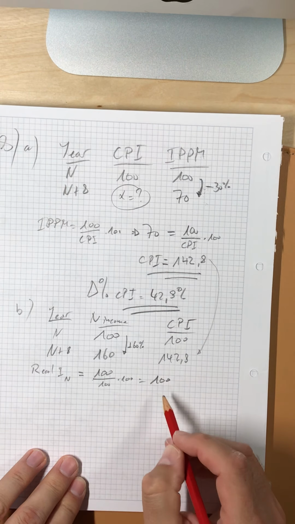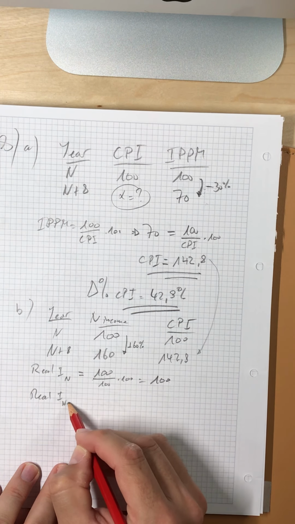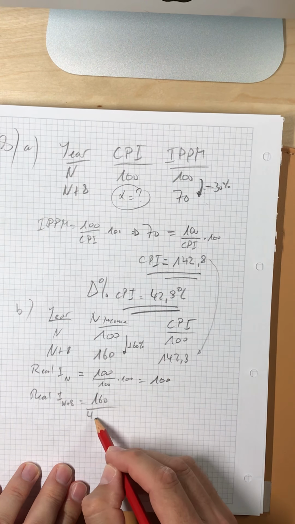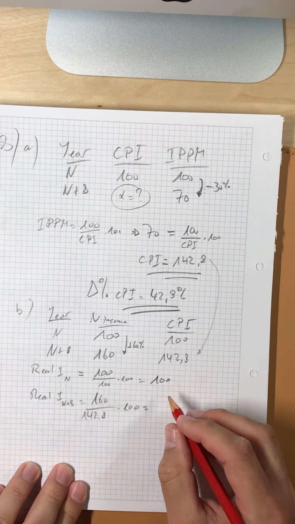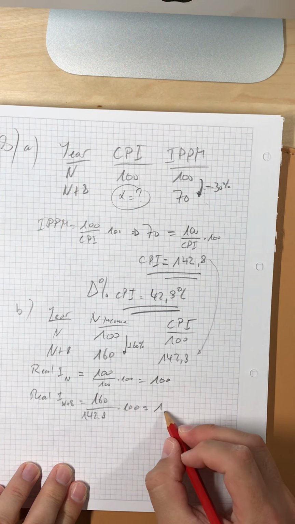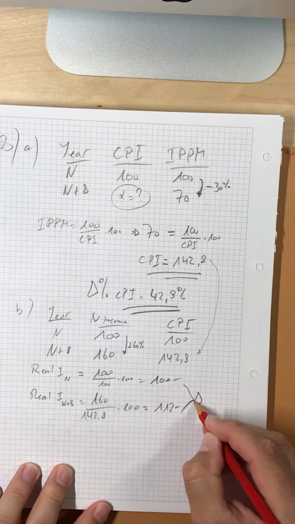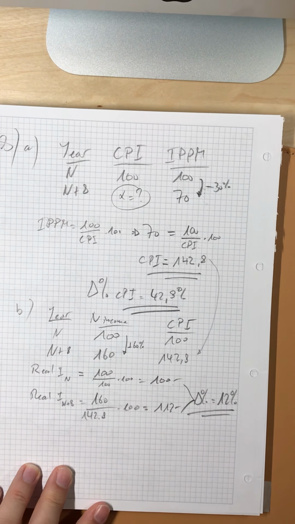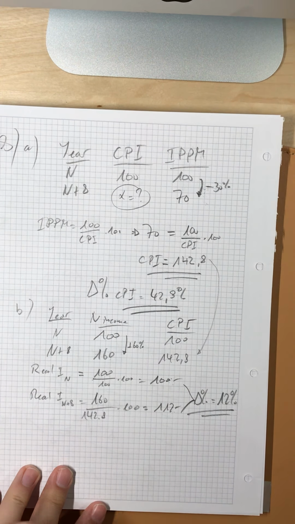So no surprise, the real income is equal to 100, and the real income of year n plus 8, it's nominal income 160 over CPI 142.8 times 100, and you will find 112 francs. So percentage change is equal to 12%. Or you can use arrival minus departure over departure times 100 and you find 12%.